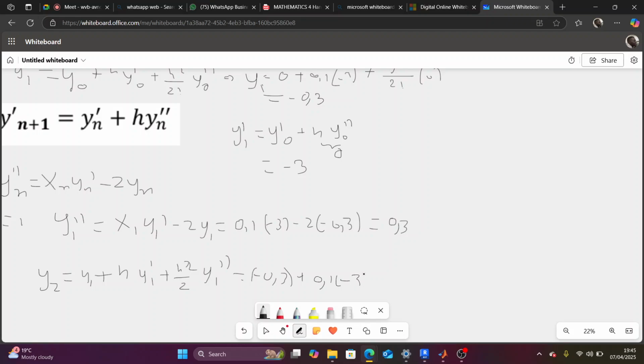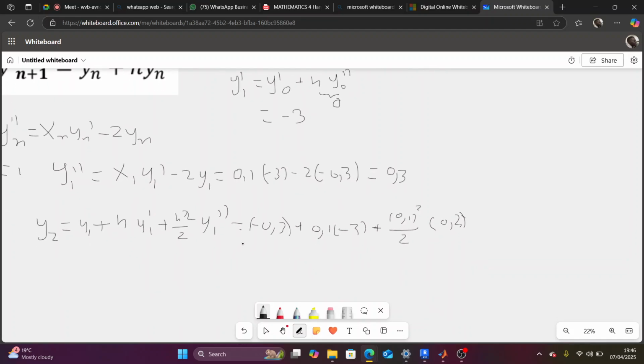Like I said, numerical equation is all about applying the formula and being careful, because if you are not careful, it's easy to make a mistake. Any question, Mr. Spinich? You open your mic. No question. Over 2. Now, what is y prime second? Which is what we got as 0.3. So if you get your calculator, you type it. You need to get the answer that they got, which is y2. What is y2?